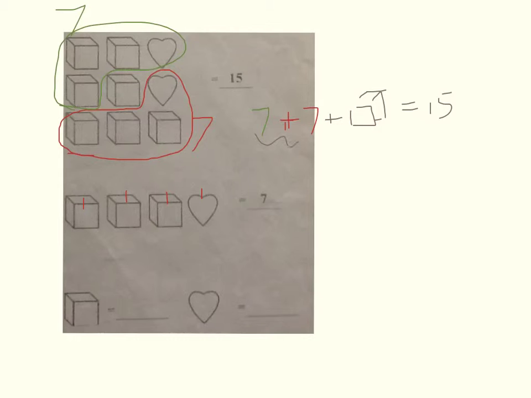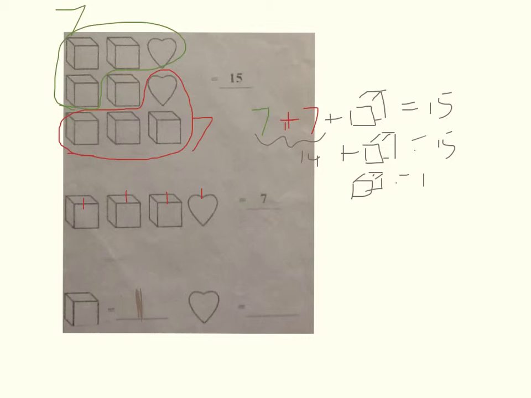Well, when you put 7 and 7 together, you get 14. So 14 and 1 cube equals 15. Well, that must mean that the cube has to be equal to 1, because 14 plus 1 is 15.